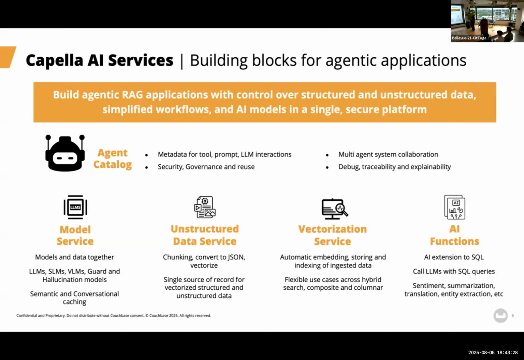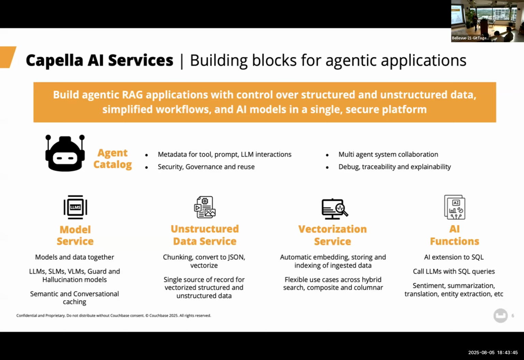There's also an unstructured data service. This is the ability to acquire, chunk, vectorize, and then store unstructured data like PDF documents or social media, which can add a lot of richness to your agentic applications. Then we have a vectorization service.